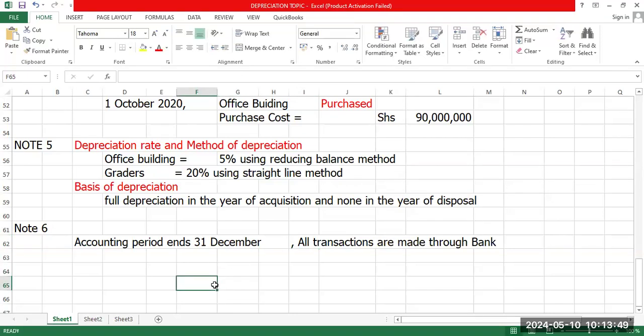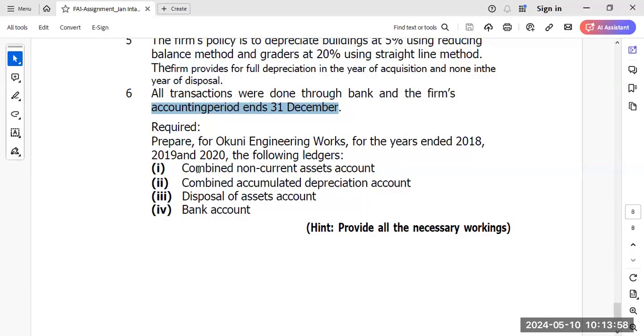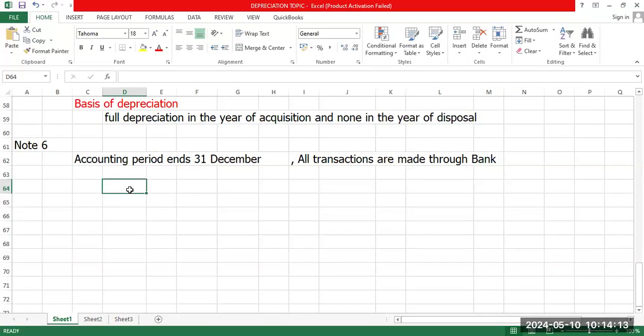Now we can start answering clearly because we have everything and the number becomes very easy. But colleagues, when I am going to answer this question, I always start with what we call the depreciation statement as my first working.